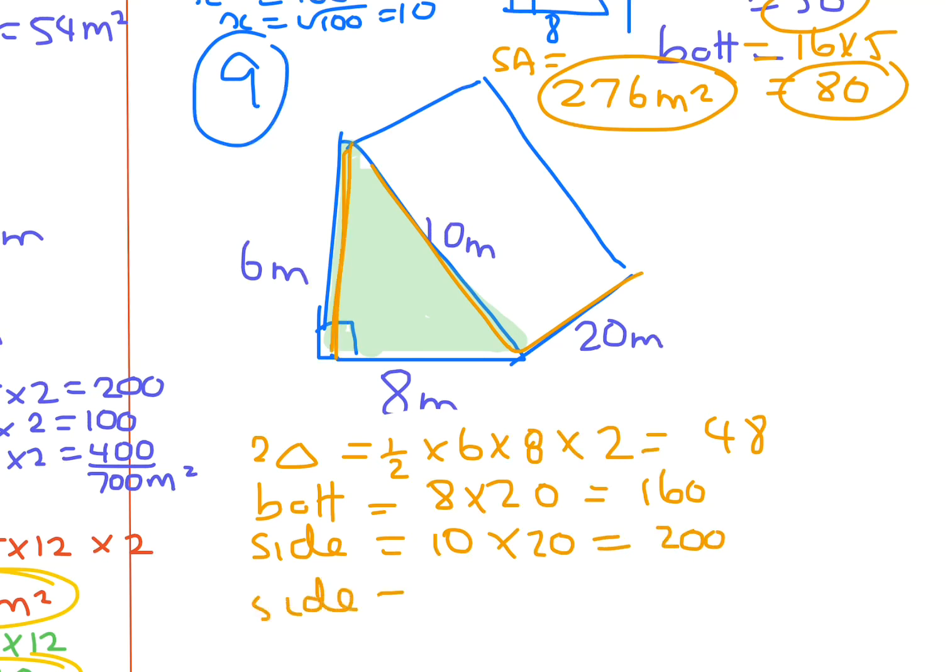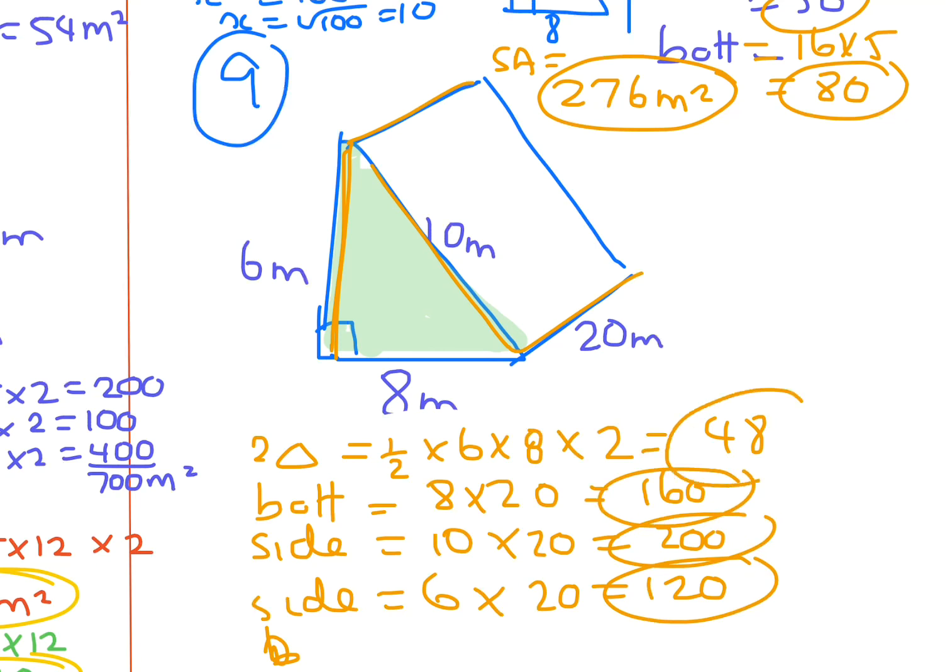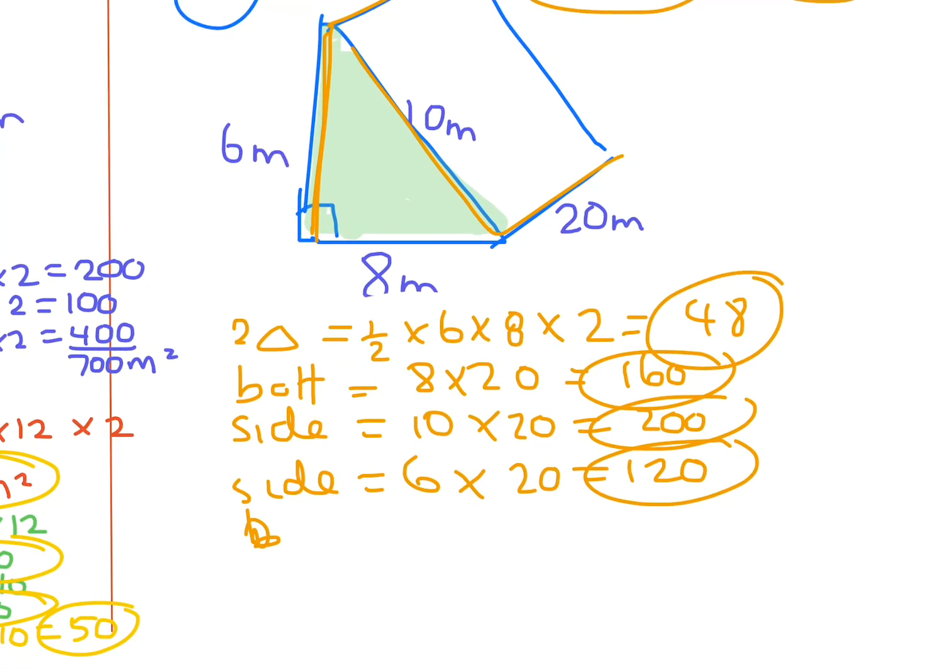Side, which is 6 times 20, which is 120. And then you got to add them all up. Okay, so 200, 300, 400, 480, 520, 528 metres squared. It's the surface area.